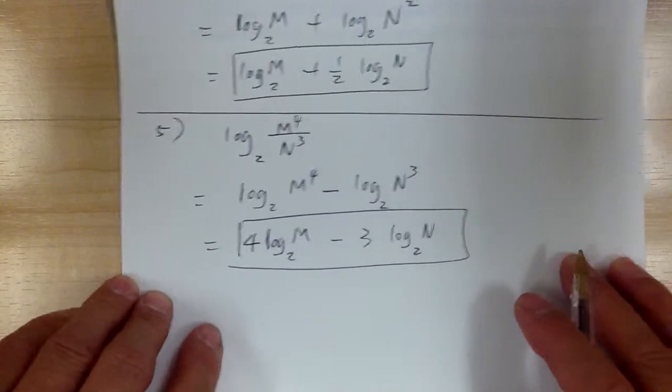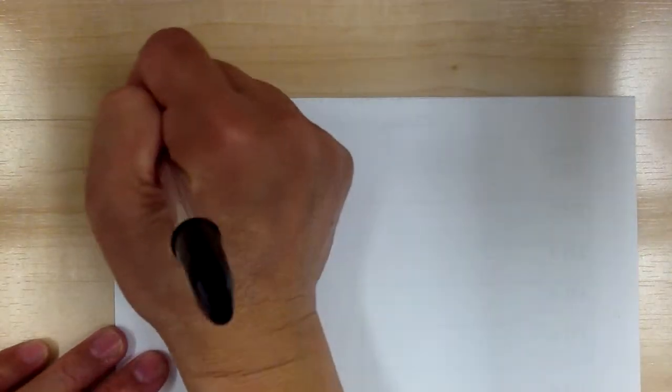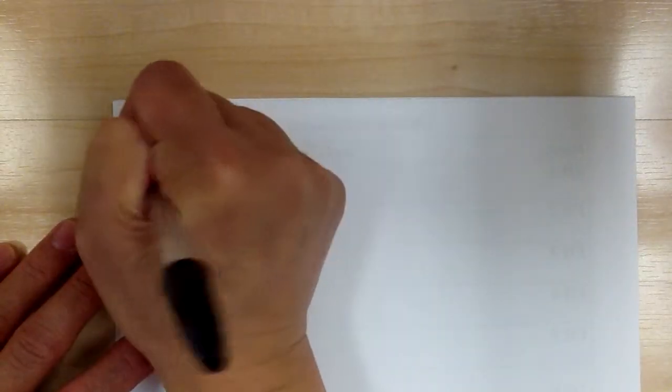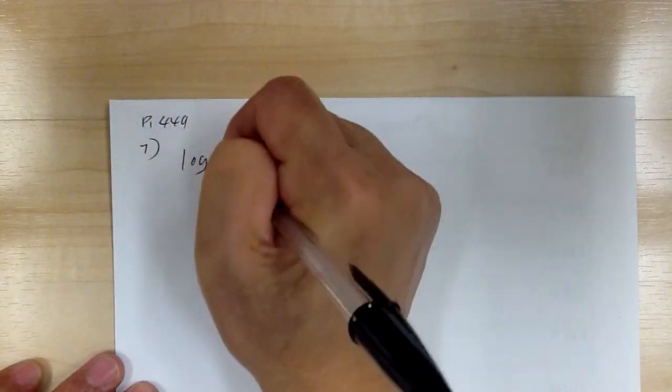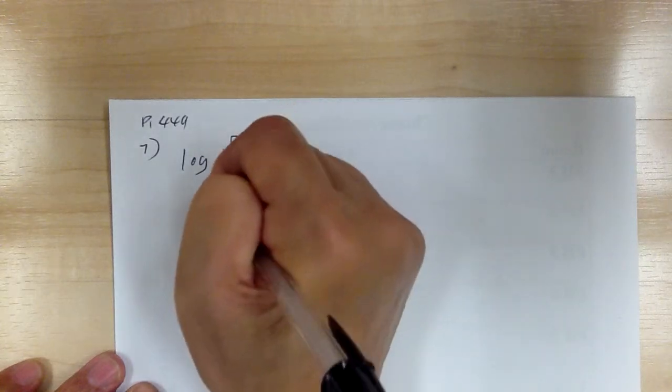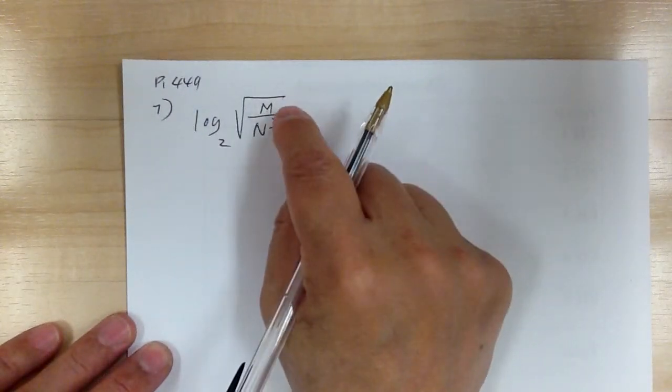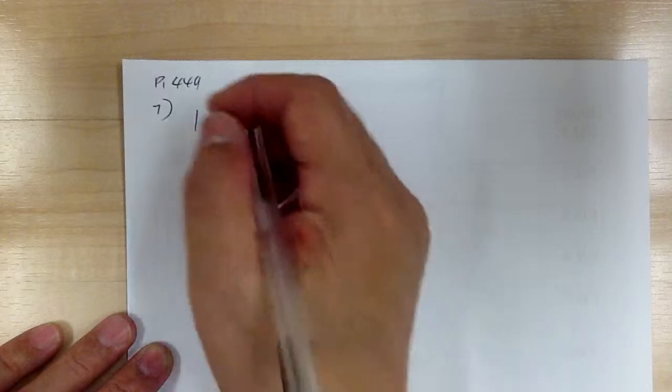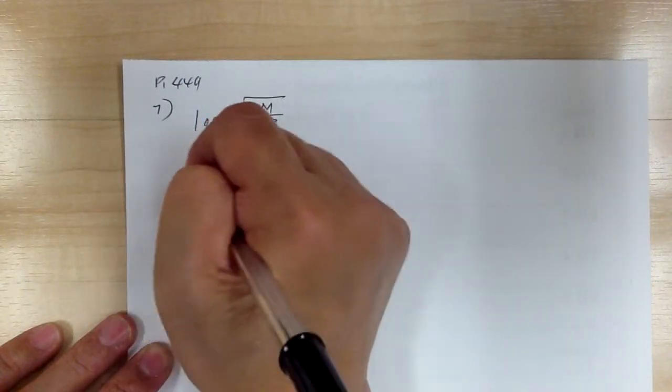Okay. Let's go to number 7. You have log of square root of m over n to the 3 base 2. Okay, so first get rid of the square root by converting to exponent form.